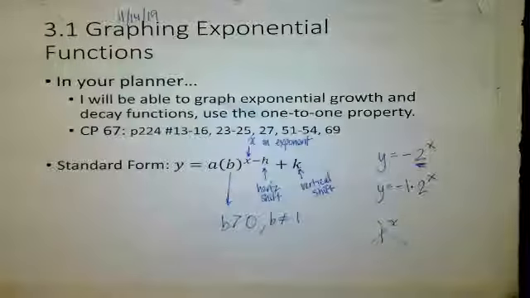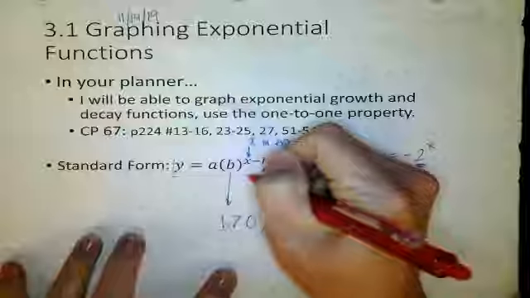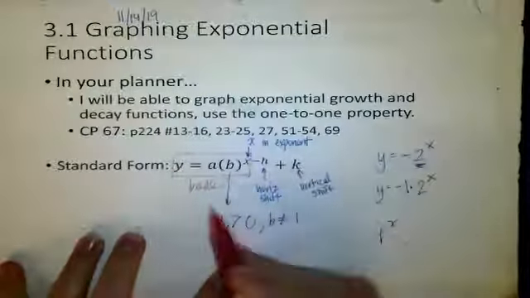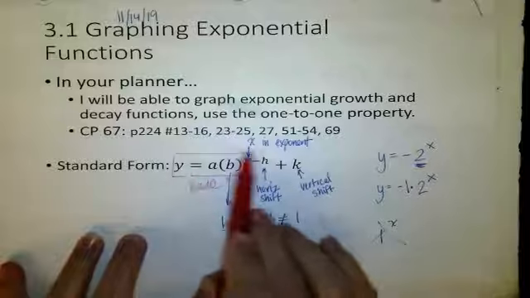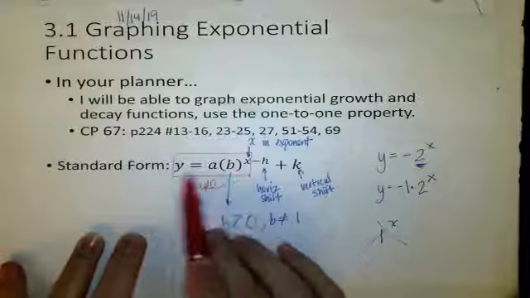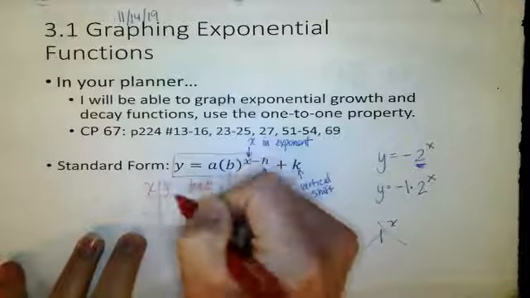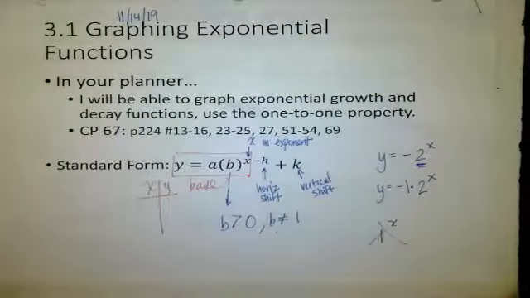Okay. That being said, we're going to go ahead and do a little graphing. For all of these functions, we are going to start by graphing the base function. And the base function just goes from y all the way to the x. And what we're going to do is a little xy chart, a very small xy chart.